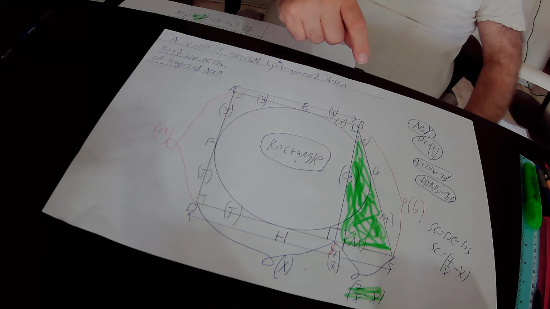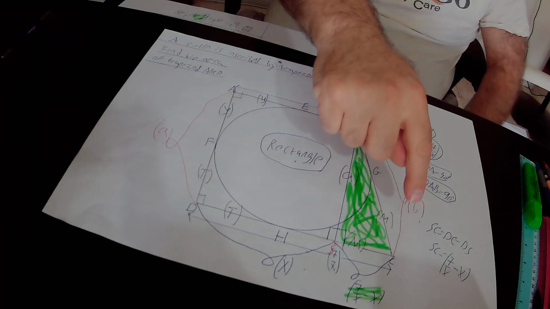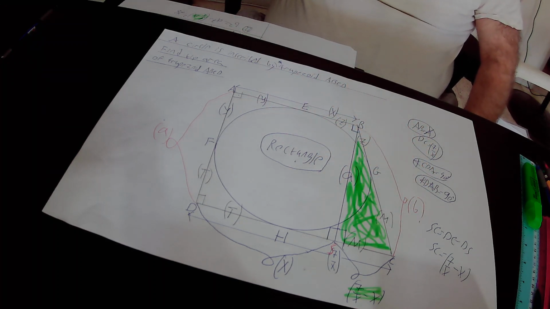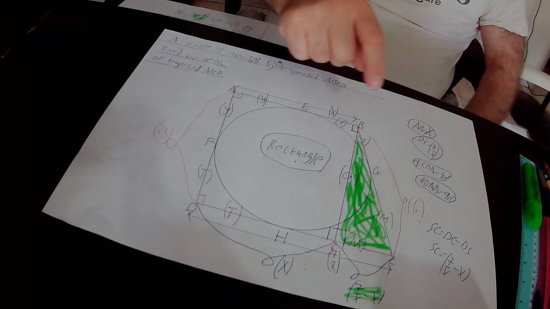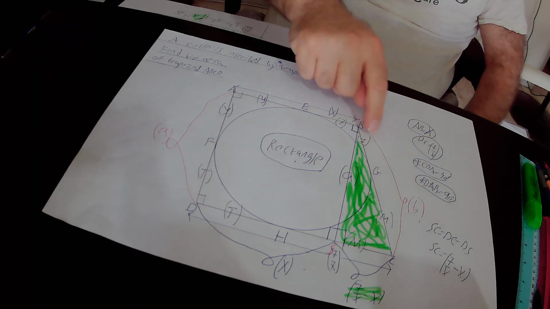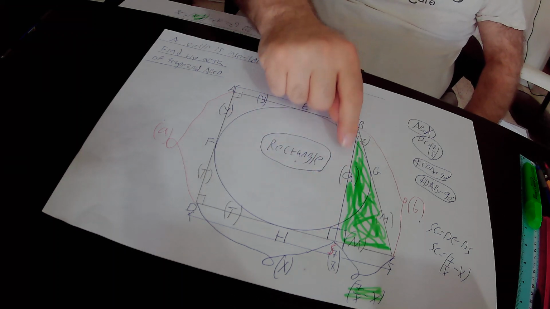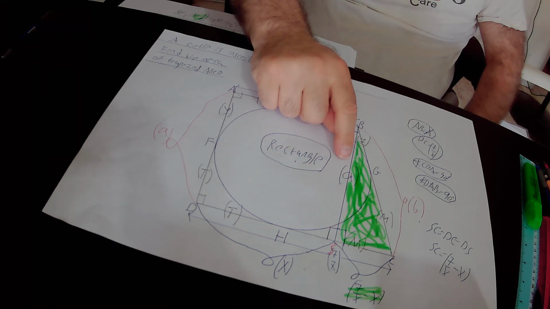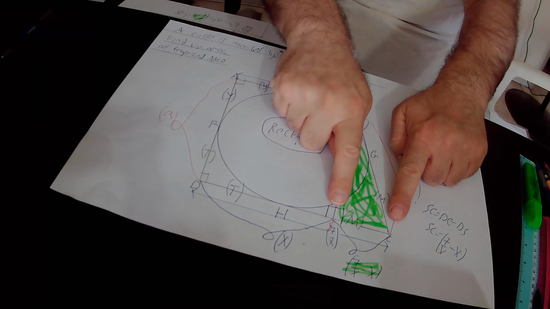By doing this construction, we created the green right triangle BSC. In the green right triangle BSC, the hypotenuse BC is equal to B, and side BS is equal to A. So what is the length of side SC?